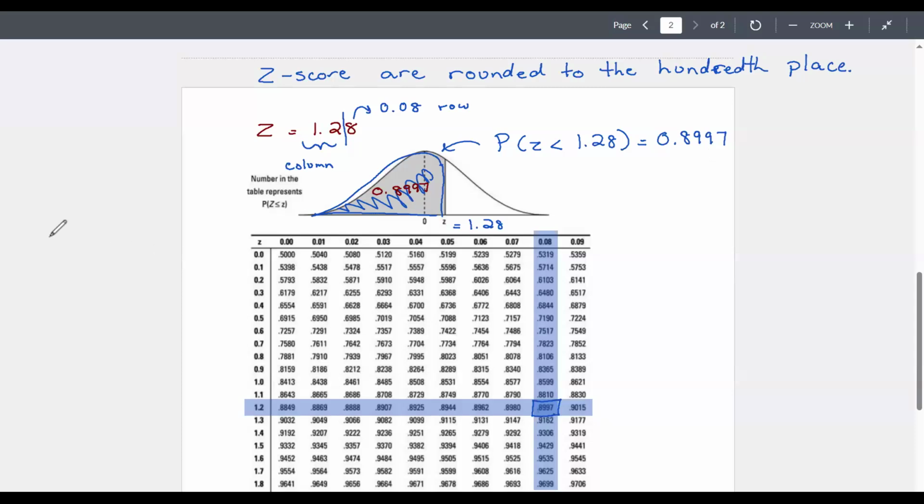Z-tables can only tell us the area to the left of the z-score.